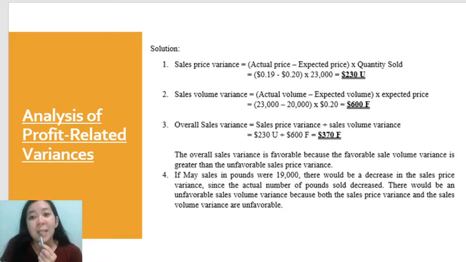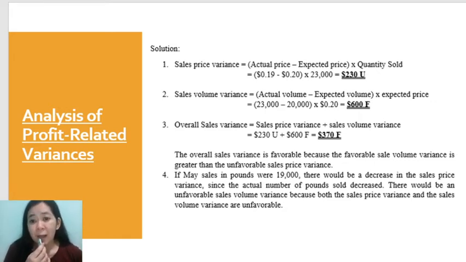That's why this variance in price is considered unfavorable. What about sales volume? Our actual volume of sales is 23,000 and the company only expects 20,000. So there is an increase of 3,000 in the actual sales. That's why the variance is considered favorable, because it has the effect of increasing the profit.